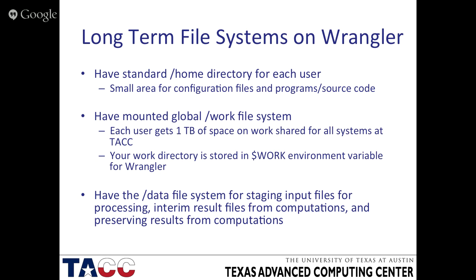If you do not, you will see the convenience when you have an allocation in the future. Since /work is globally mounted and shared among all the resources, there is a 1 terabyte quota for each user. It may quickly run out if you're doing data-intensive research.